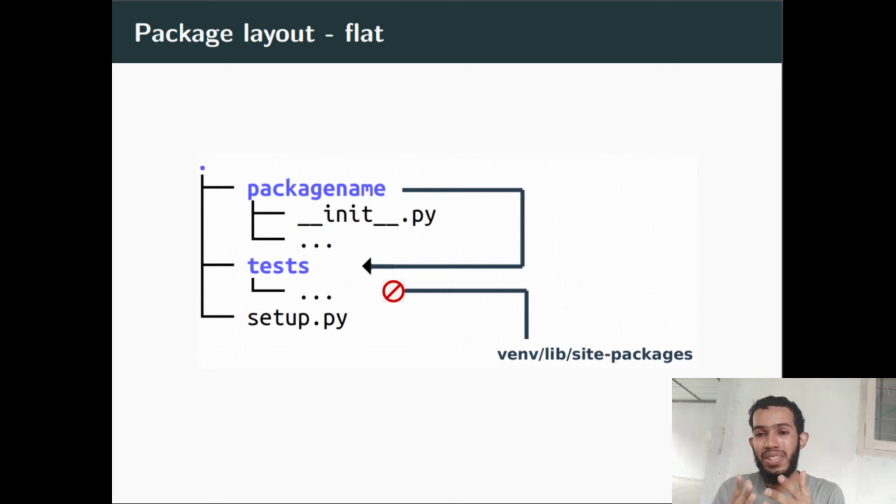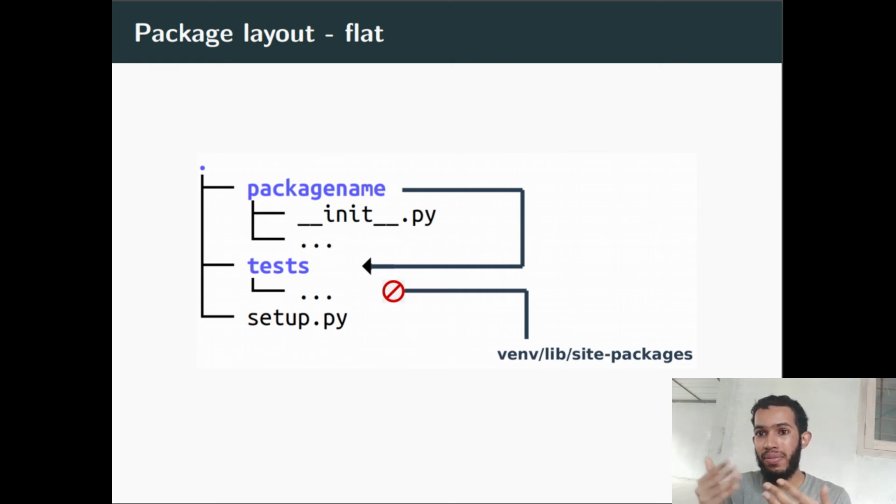But if you are using tools like Tox in a flat layout, Tox will create a separate virtual environment, and the packages installed in that virtual environment will be in that venv lib site-packages directory. So your tests are expected to import your package from the virtual environment itself.